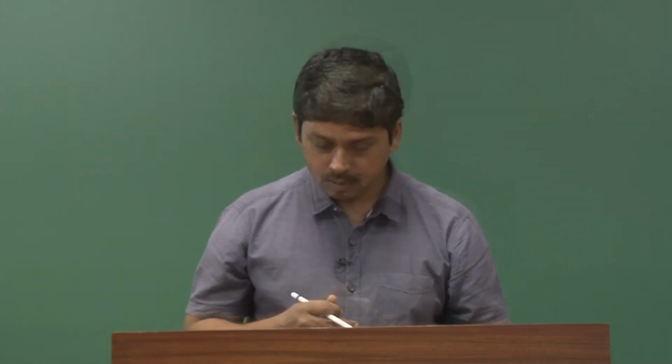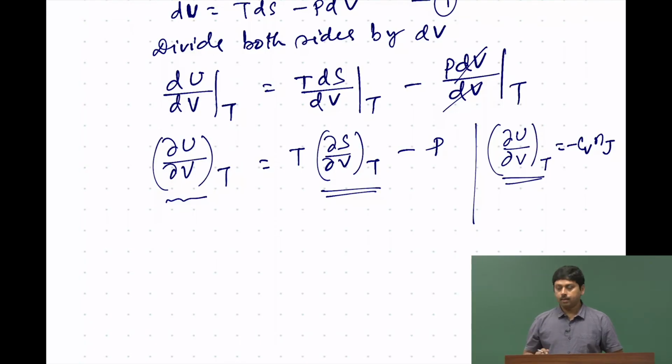What it means is that when you expand the volume at constant internal energy U, the temperature is not going to change for an ideal gas, whereas it will decrease for a real gas or a van der Waals gas. So this is the coefficient that one has to calculate.